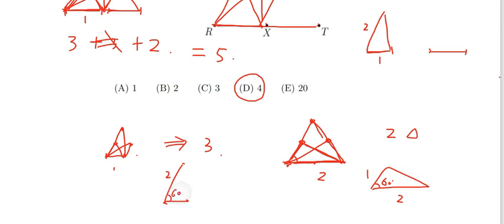This is 60, right? So these 2 triangles are the same. So we should subtract 1, right? 3 plus 2, we should minus 1. So 4.